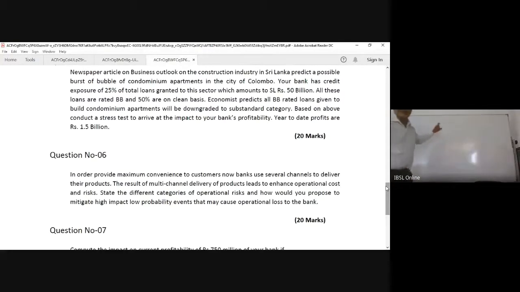So these are the delivery channels. Now you are building your case. Multi-channel delivery of products leads to enhanced operational cost and risk. By doing this, we may be subject to operational risk.